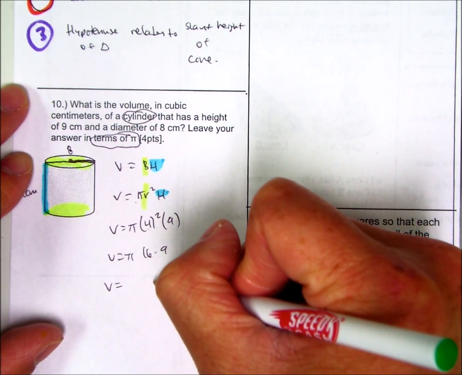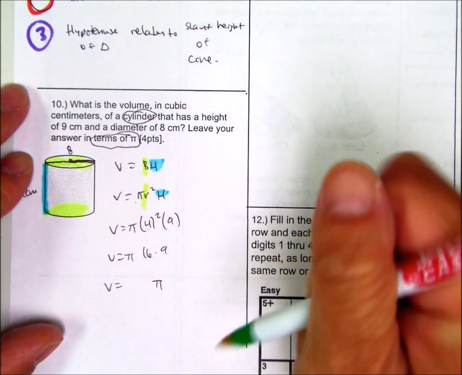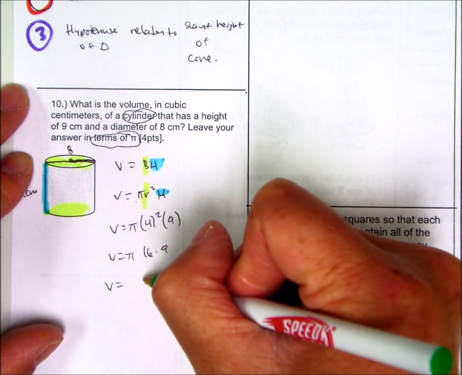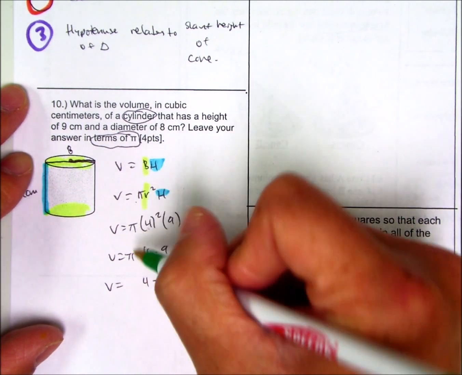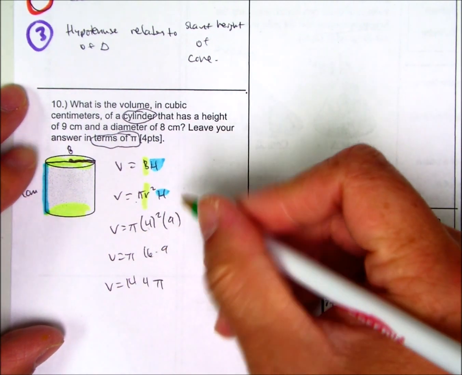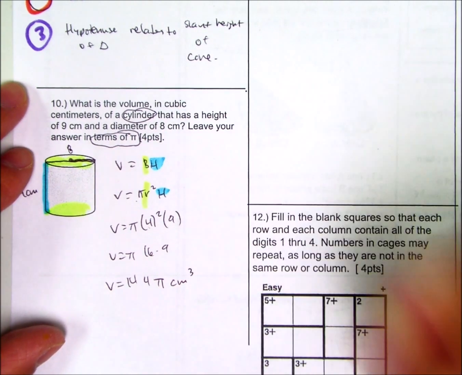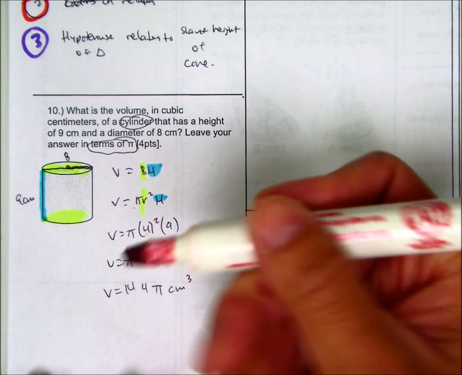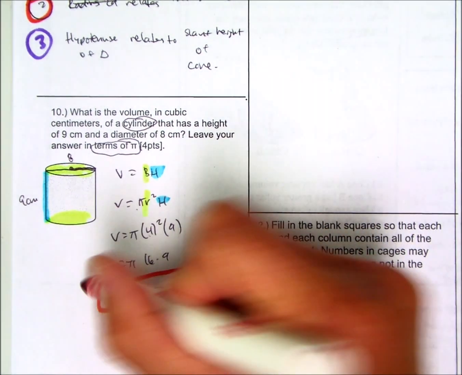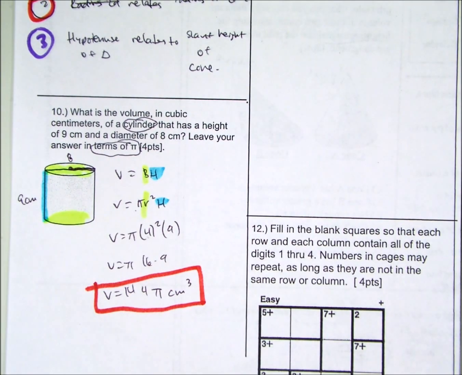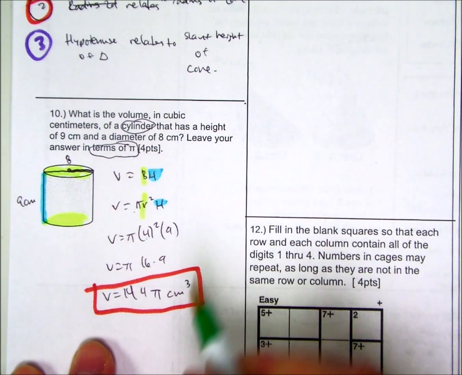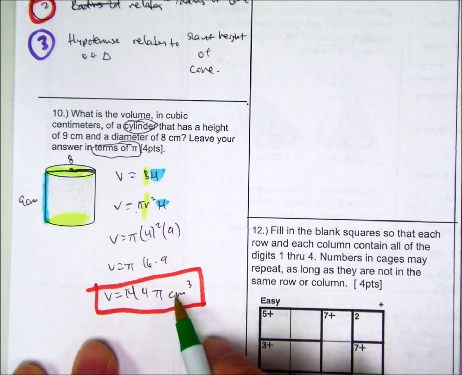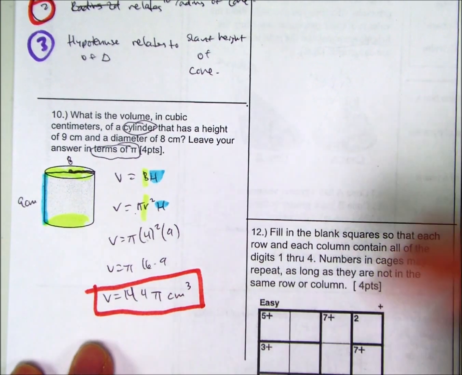And now you gravitate pi towards the back. 144 pi centimeters cubed, and that'll be your correct answer. Notice I have pi in here, and I'm not multiplying by what my calculator says, approximately 3.14, blah, blah, blah.